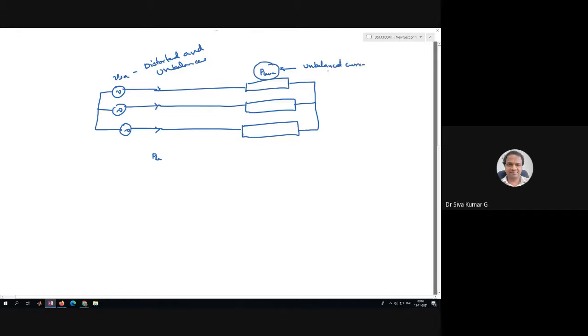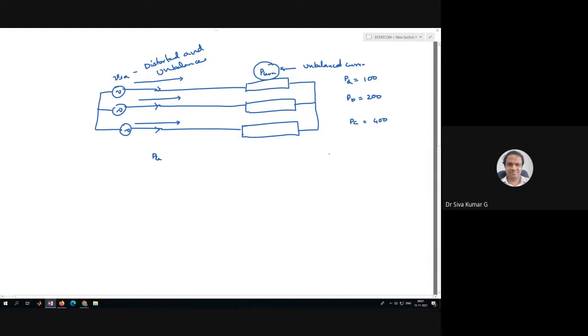These unbalanced currents need to be supplied by the source only. For example, the average power in phase A may be 100 watts, phase B 200 watts, and maybe phase C 400 watts.